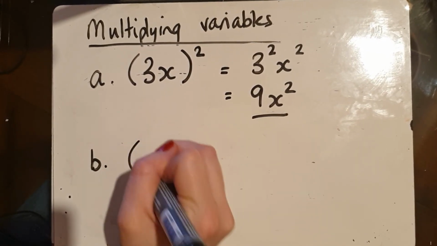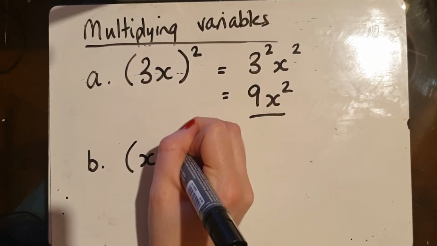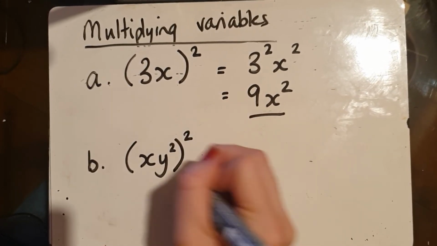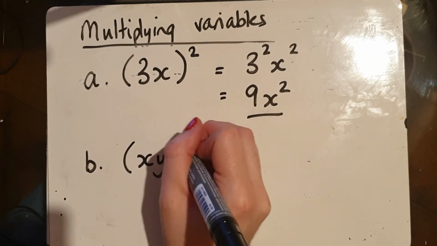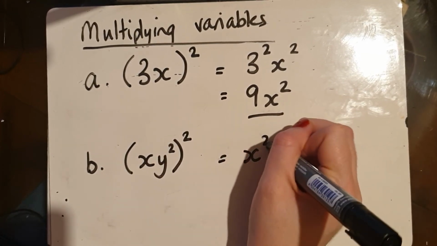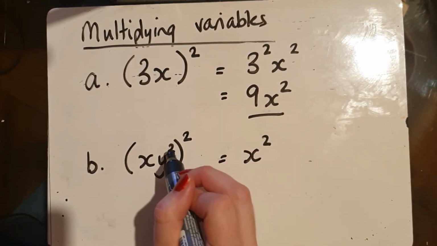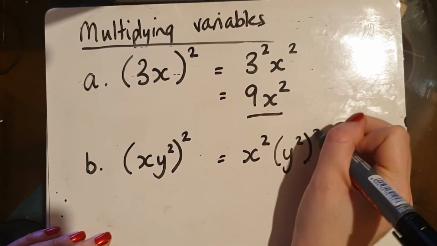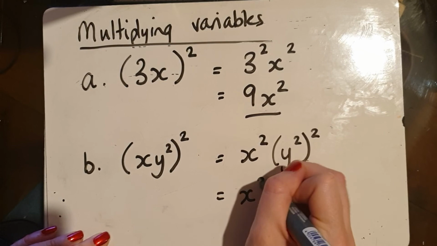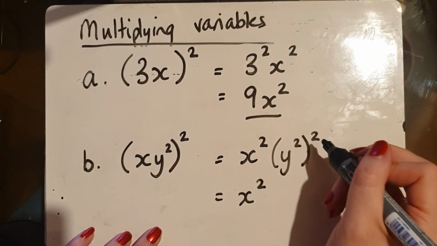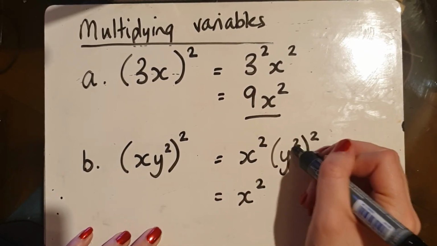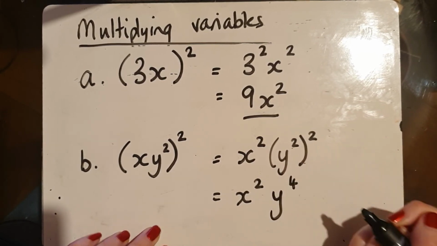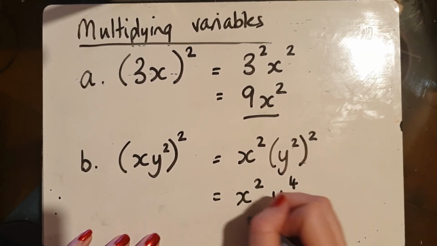Another example, if we had xy squared, and then that term was squared, we have to square everything in the brackets. So we'll have x squared, and then we'll have y squared squared. Indices laws again. If we have a power inside and outside of the brackets, we multiply them together. So we'll have x squared y to the 4.